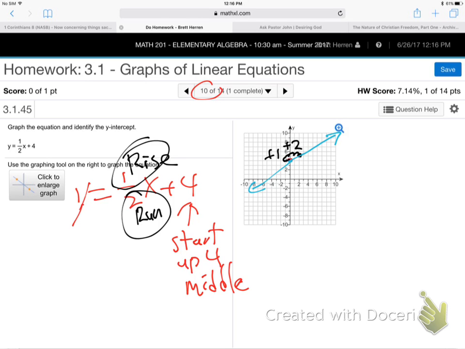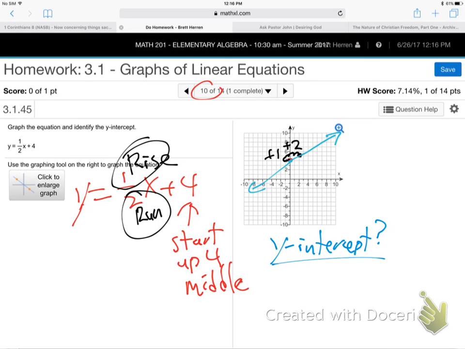Let me show you how it works on the actual math. Is the Y-intercept. Okay, now what's that? What do they mean by the Y-intercept? Do you know? It's where the graph intersects the Y-axis, the Y-grid.